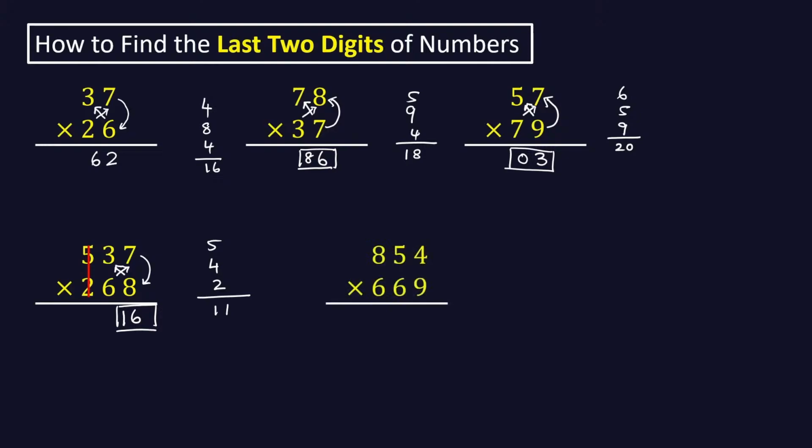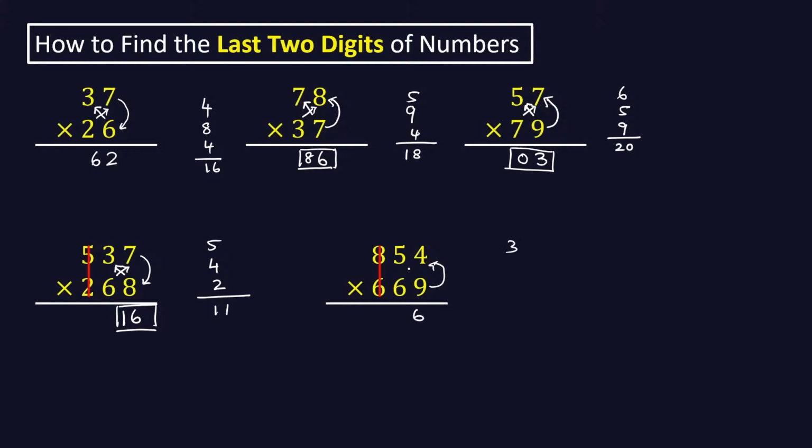What will be the last two digits when 854 is multiplied with 669? Again, simply ignore the 100th place digits, and you are left with only 54 multiplied with 69. The last two digits that we will get from here will be the same as the last two digits when 854 is multiplied with 669. 9 fours are 36, write 6, carry 3.